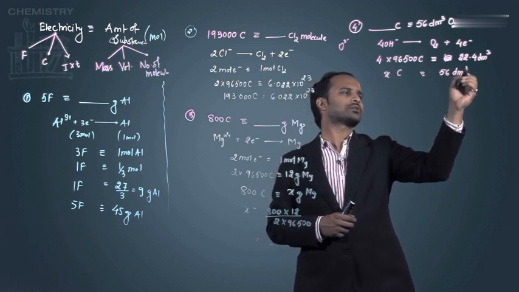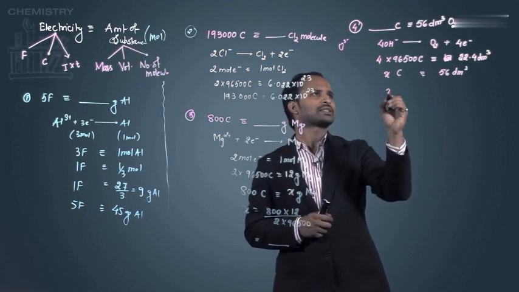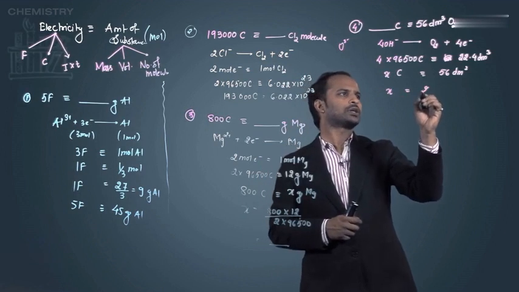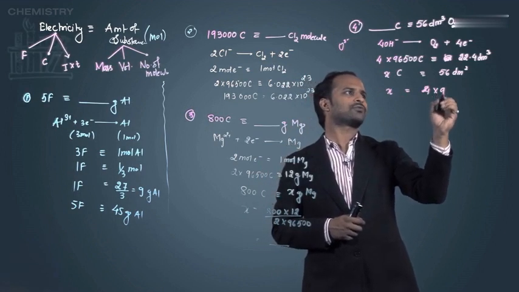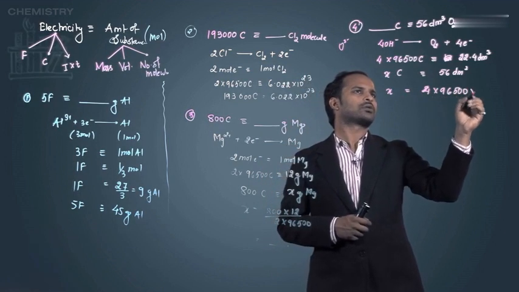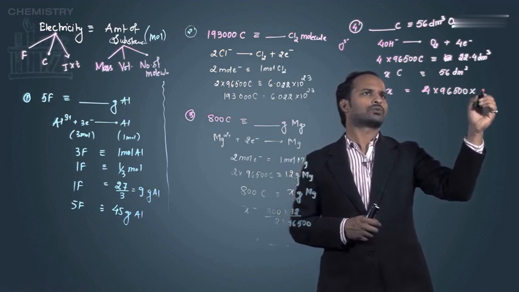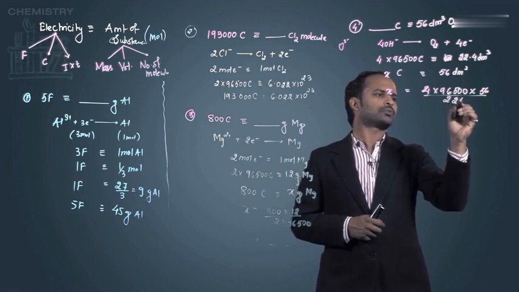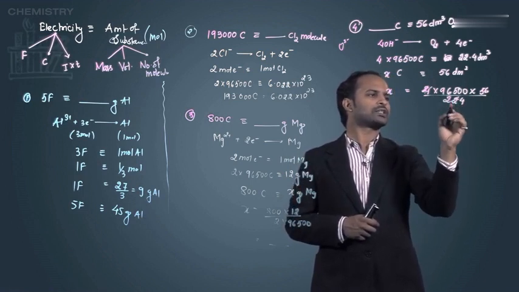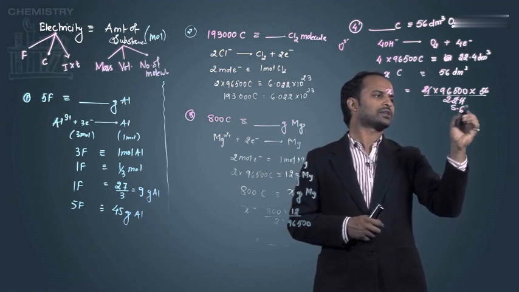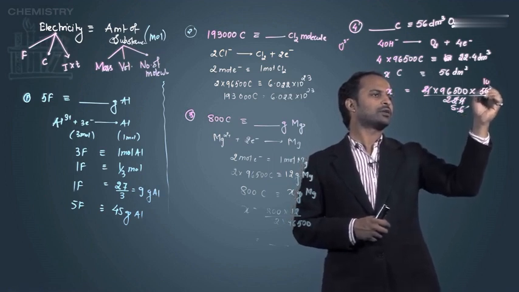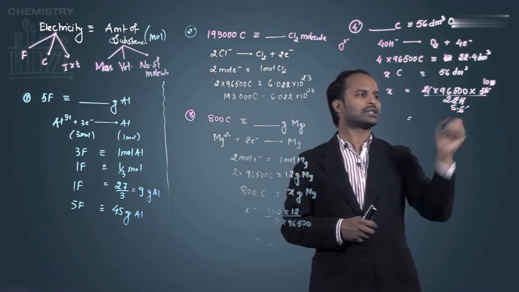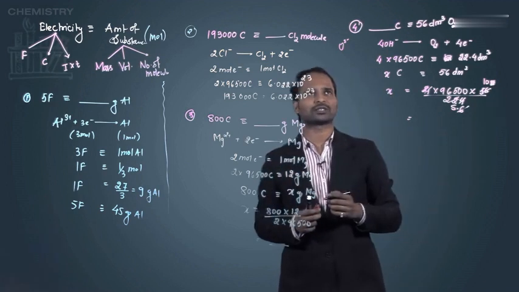So x is equal to 4 into 96,500 into 56 upon 22.4. 56 upon 22.4 will give you 2.5, and 4 into 2.5 is 10. So 96,500 into 10 will give you the answer.